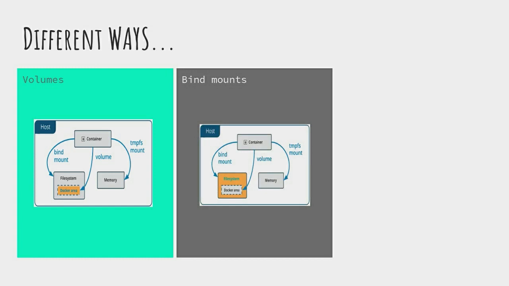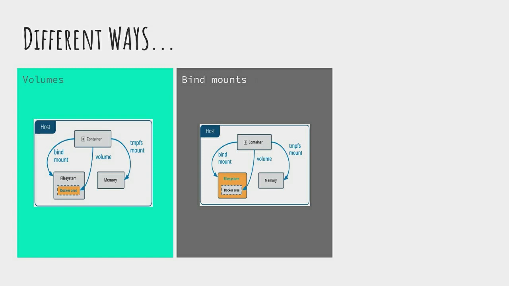The second way of persisting data is via bind mounts. This also is a persistent storage. However, in this, the bind mount resides in that orange area, and this orange area is now the file system and not the Docker area. The file system is actually controlled by your host.